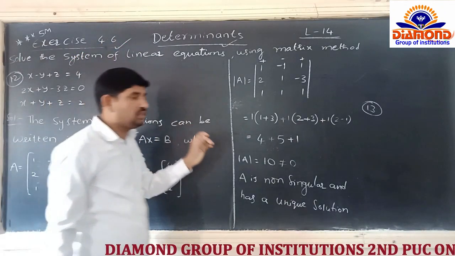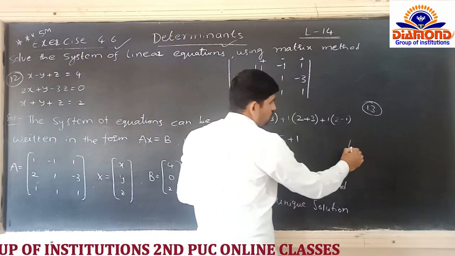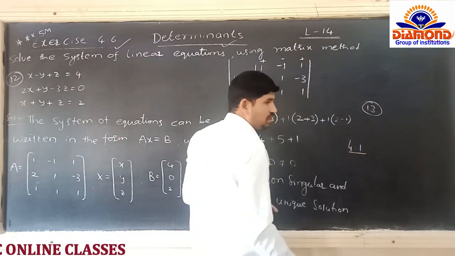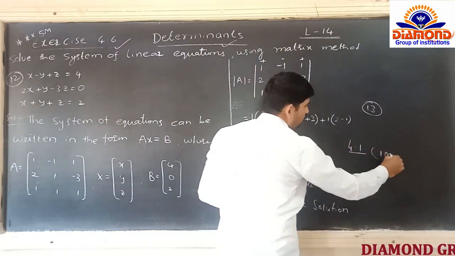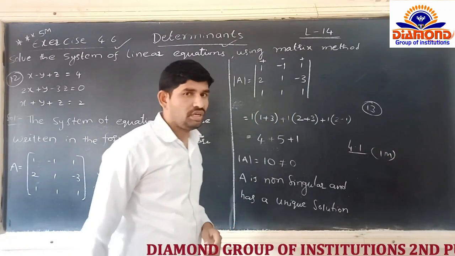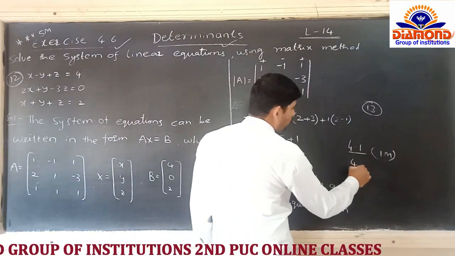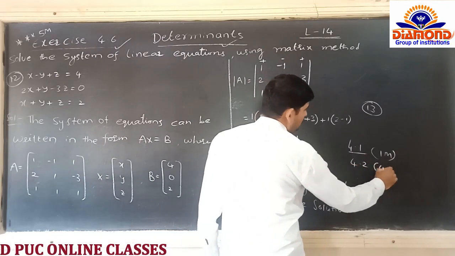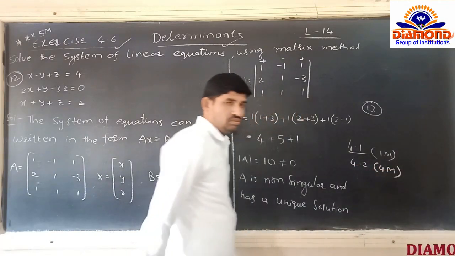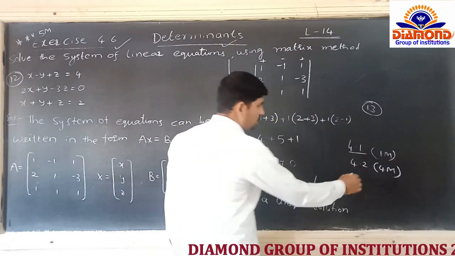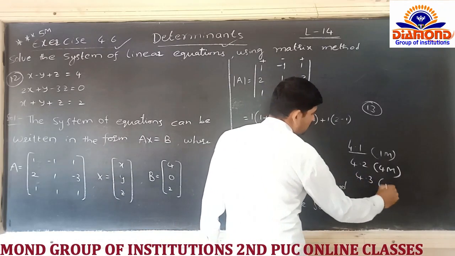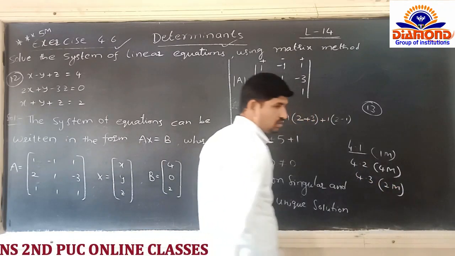Remember one thing: exercise 4.1, which we have completed, is important for 1 mark. Exercise 4.2 is important for 4 marks, and exercise 4.3 is important for 2 marks.